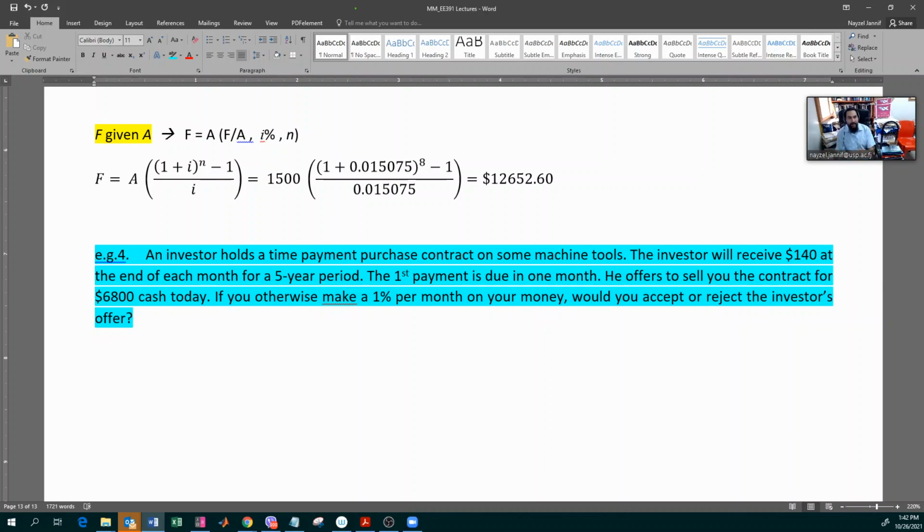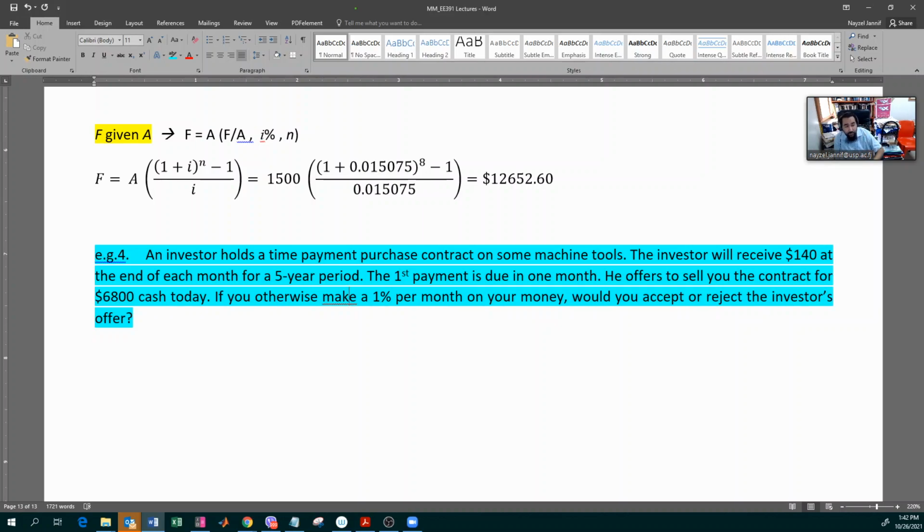So this is what's happening, guys. This guy has some tools which he has leased out to some contractor. The contractor is paying this person $140 per month for a 5-year period, at the end of each month for 5 years.